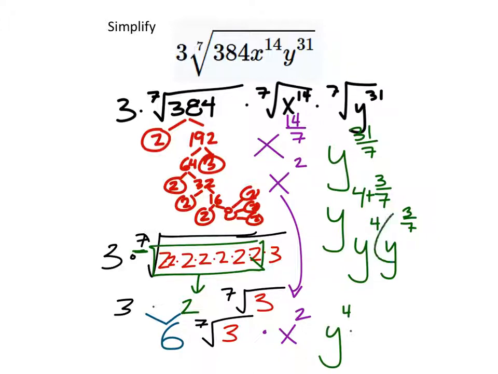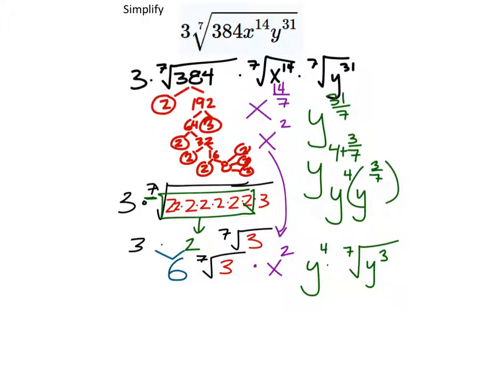And I'm going to rewrite this y to the power of 3 sevenths as a root, 7th root of y cubed. Okay, let me just rearrange these so that all the non-7th roots are out of the way. But remember, if we have the same roots, then we can combine those two.